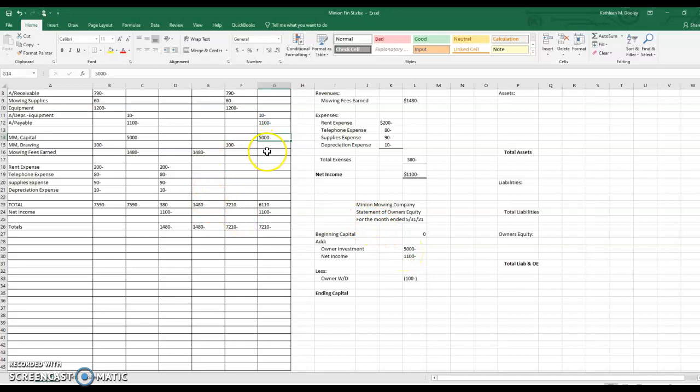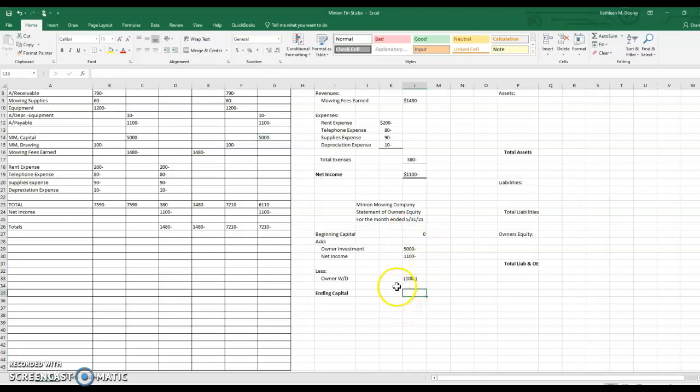If there was already $1,000 in beginning capital and 4,000 that had been added during the month, this would still say 5,000. But you have to know how much was beginning and how much was owner investment during this period. In real life, you could look at the general ledger and see that easily. In this case, I have to tell you that the company just started, so their beginning capital was 0, and the owner investment was 5,000.